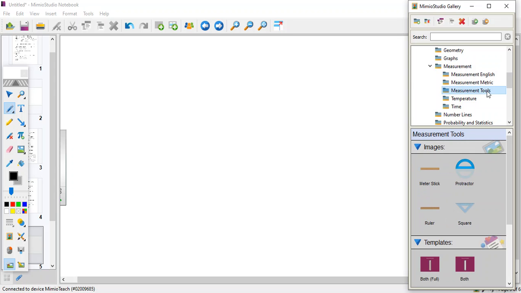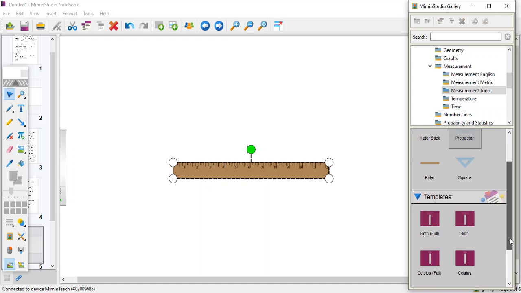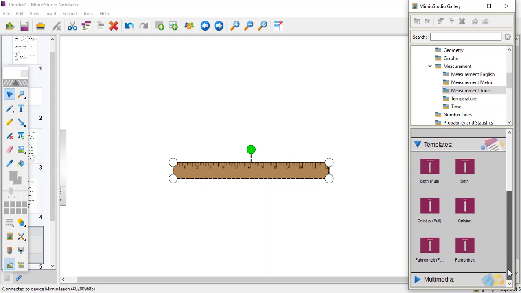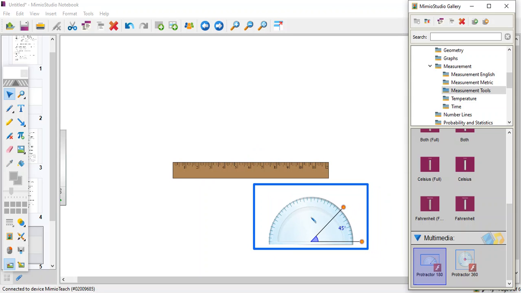I need a ruler. And I need a protractor. Didn't even notice. I was looking for the sticker. So was I. I was looking for a literal white sticker, and I was like, wait, what? Why did Josie do that? Okay. She didn't mean to.